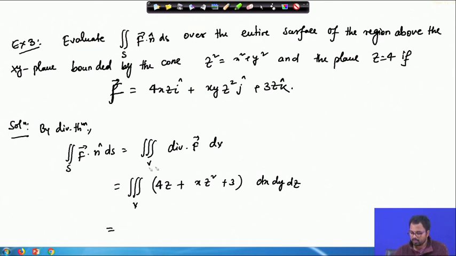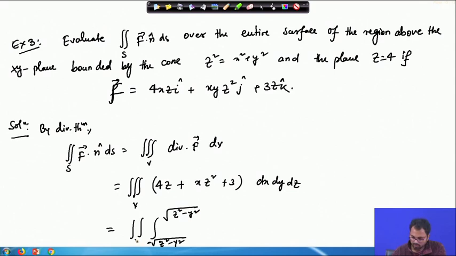Now, we have to get the limits for x, y and z, and we have to remember that the volume enclosed by this cone and the plane has to be above the xy plane. So, the limit for x would be minus square root of z square minus y square to plus square root of z square minus y square.